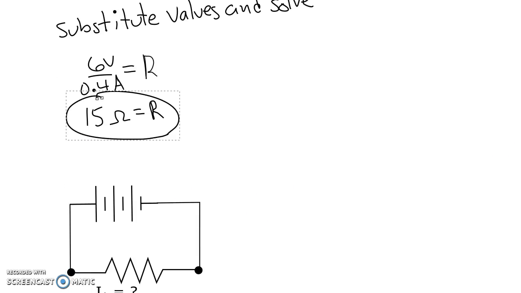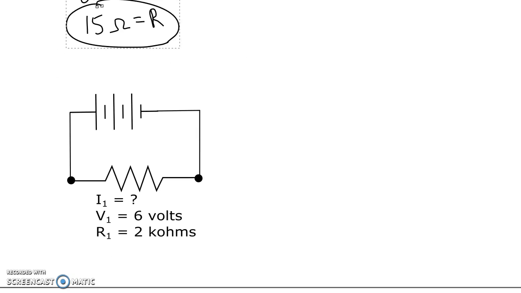Now let's take this a step different. Let's suppose that in this case I'm told that I have 6 volts, the same 6 volt battery, and this time the resistor is 2 kiloohms, and I want to find the current going through this circuit. One thing here is we've got another red flag situation.